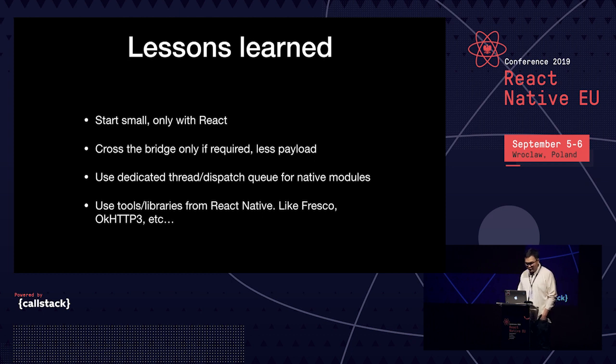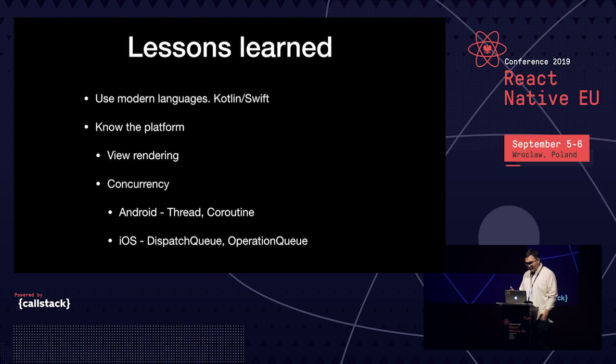And use tools and libraries from React Native, like Fresco, OkHttp, or YogaKit, when you are developing native things. Use modern languages like Kotlin or Swift. It feels so natural, and it's easier to do things.